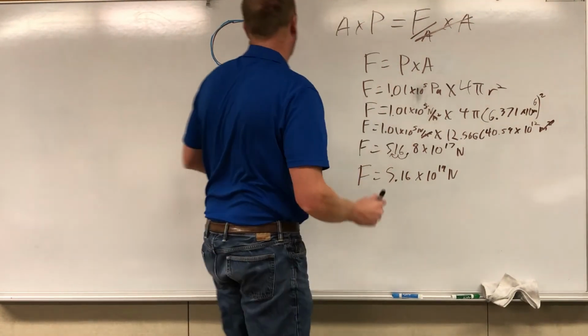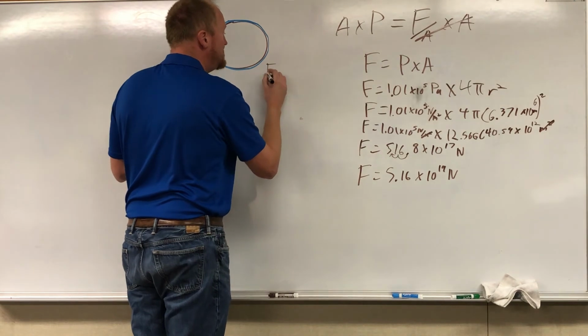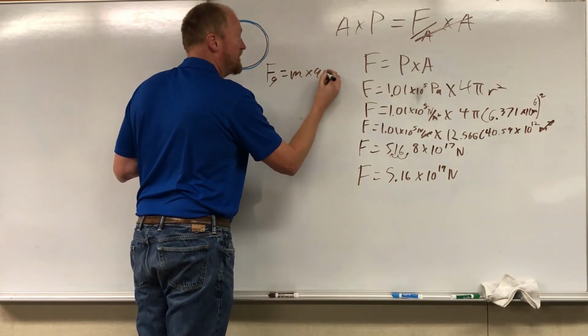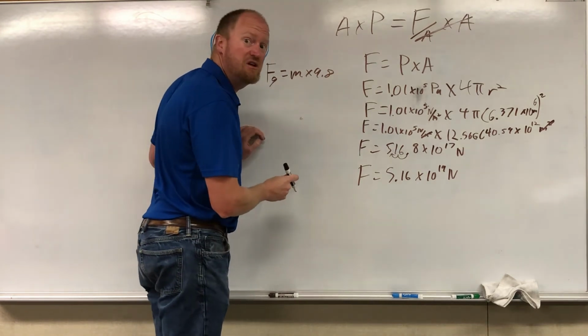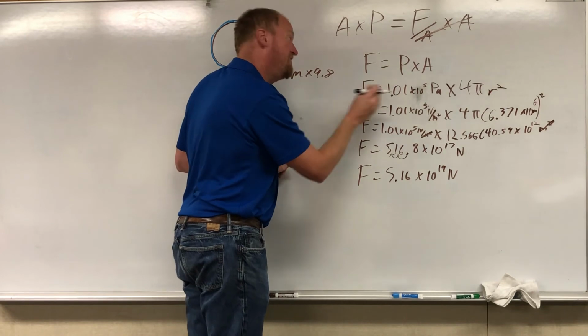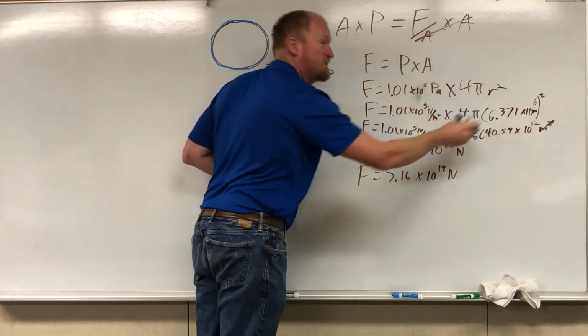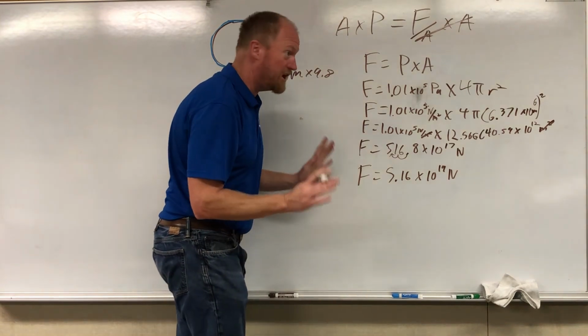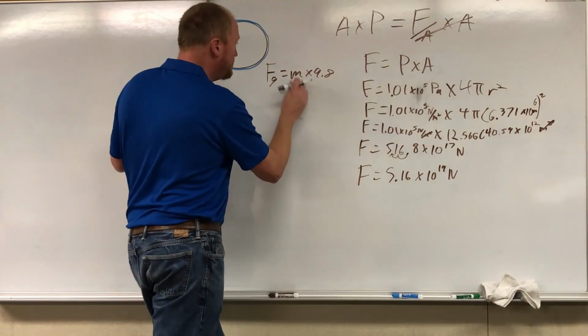And so, if you want to think about that, your weight is the force of gravity, and that is equal to your mass times 9.8 on Earth. If you're on another planet, you need a different number here. However, if you're on another planet, this also needs to be different, everything needs to be different, but you can get the idea. Apply this to whatever planet you live on, okay? All right, so let's find m.